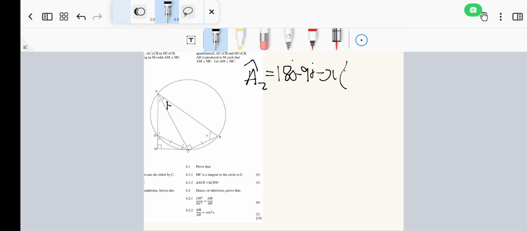The reason for this is interior angles of your triangle. If we simplify that, that leaves us with 90 degrees minus X.